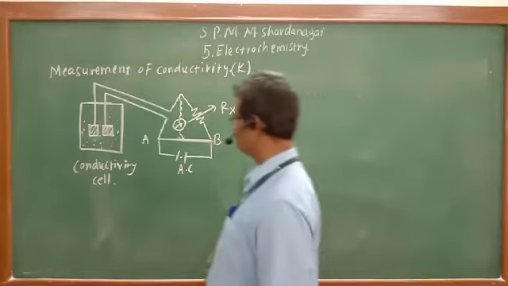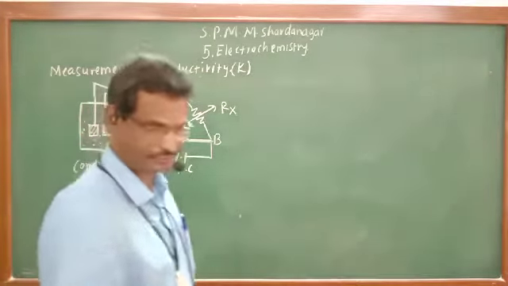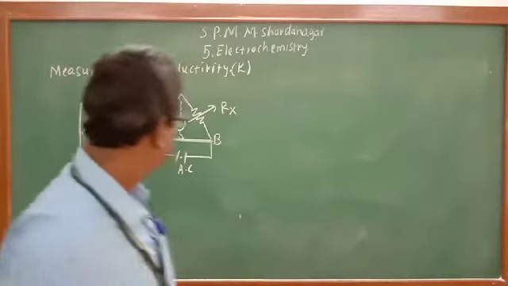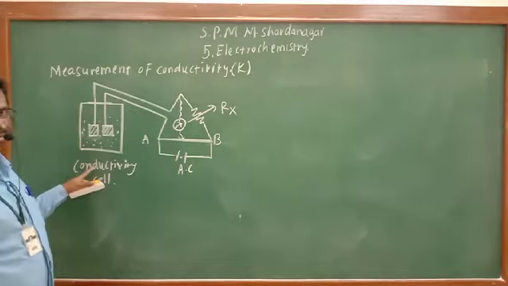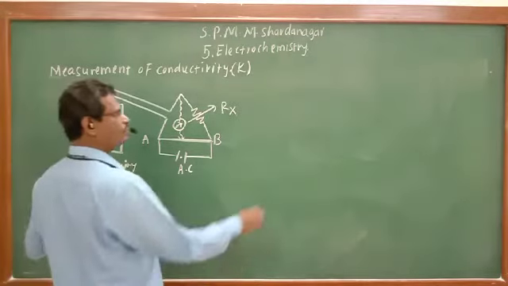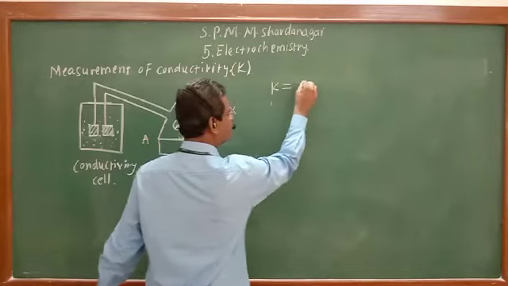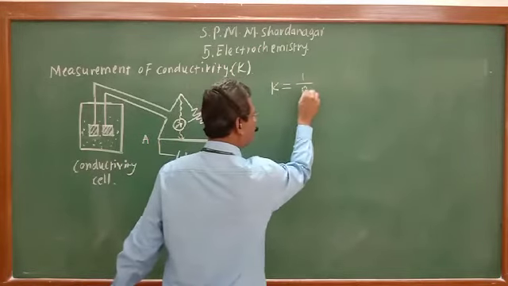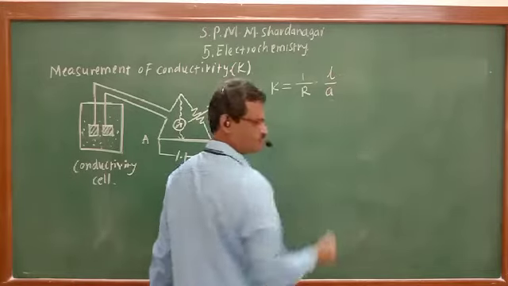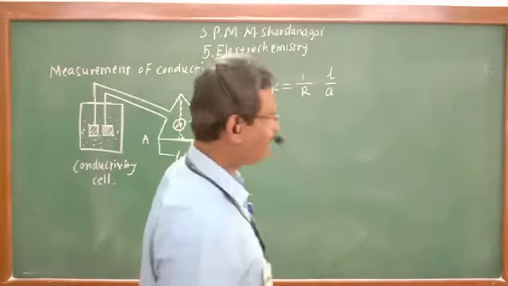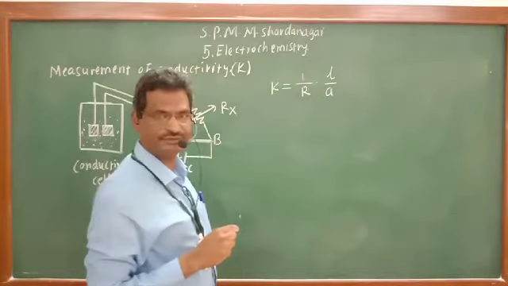Now this is the experimental setup, how it works. This is a conductivity cell. We know conductivity K has the equation 1 upon R into L upon A. This we have studied. What is 1 upon R? 1 upon R is nothing but G, conductance.